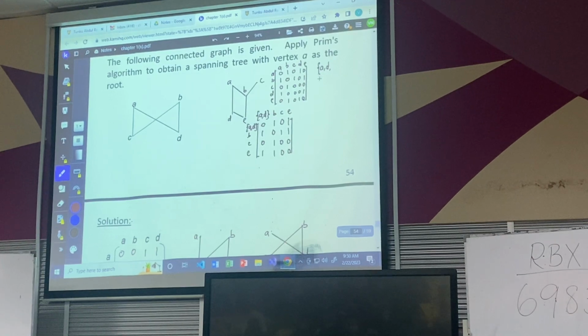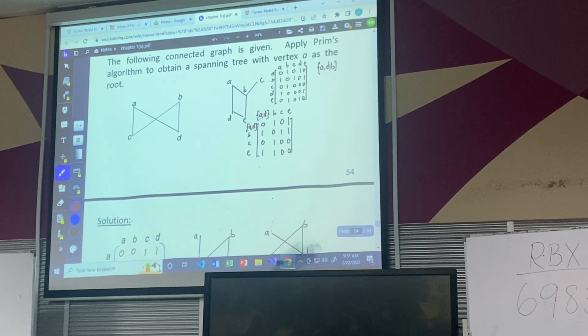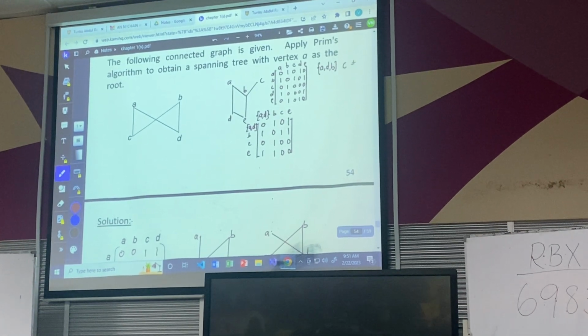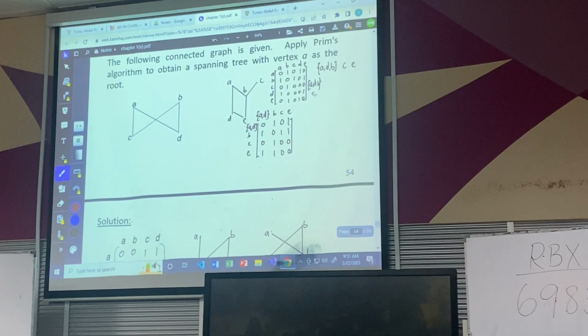This one is ADB. So here left C and E. Here ADB. Here C and E.